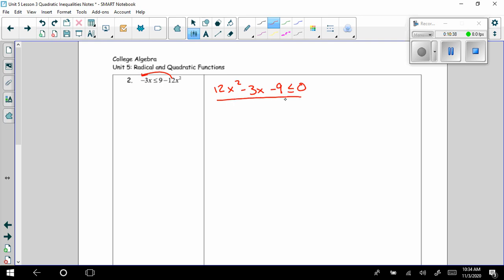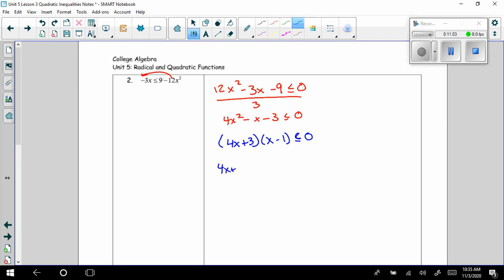These all have a 3 in common, so you can reduce this: 4x squared minus x minus 3 is less than or equal to 0. This one actually factors, and I'm not going back through how to factor it, but it factors as 4x plus 3 times x minus 1 is less than or equal to 0.